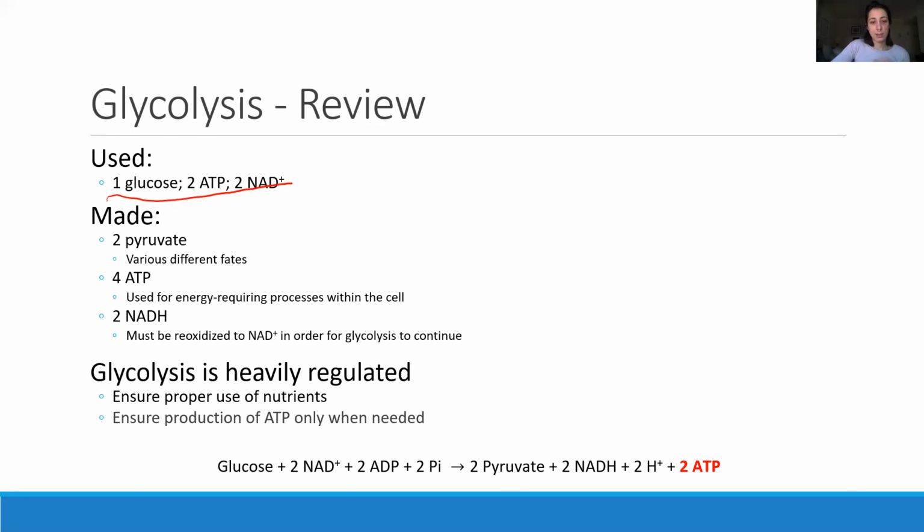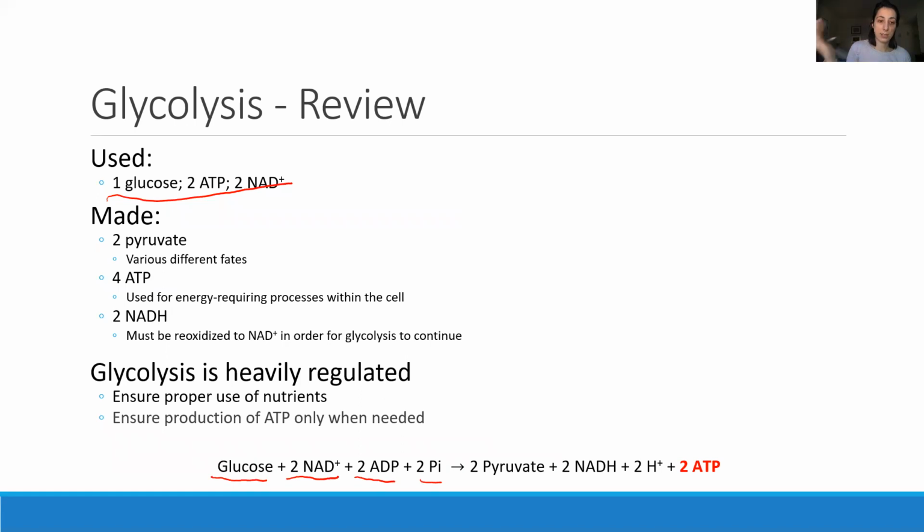So ultimately here, we can write out this reaction as glucose, 2 NAD+, we use 2 ADP and 2 inorganic phosphates.